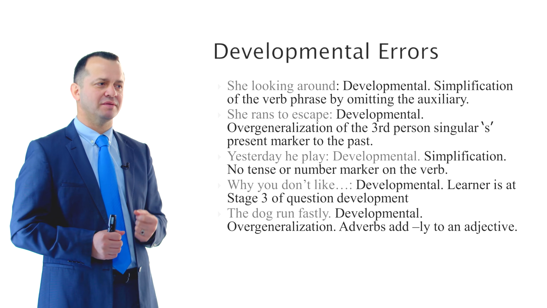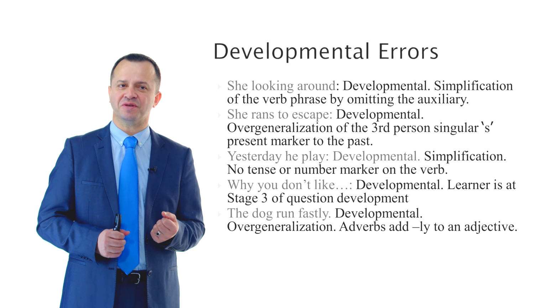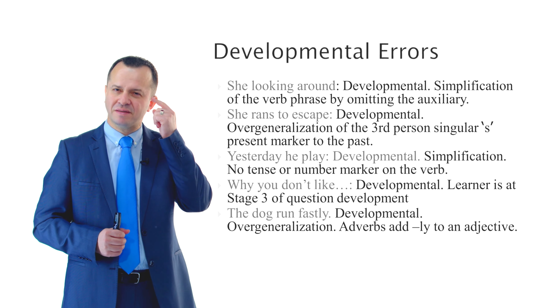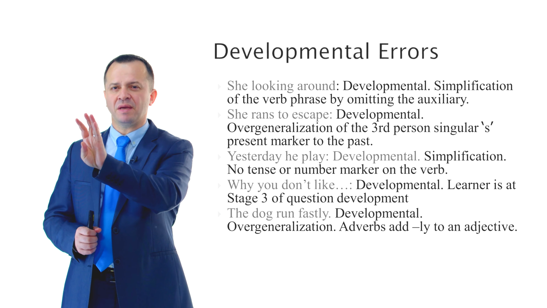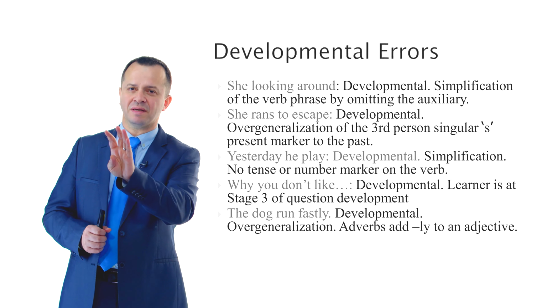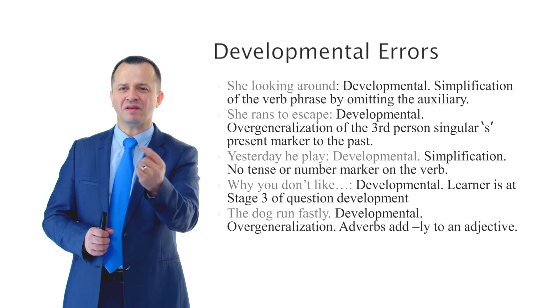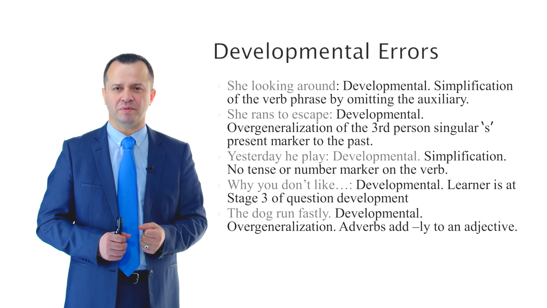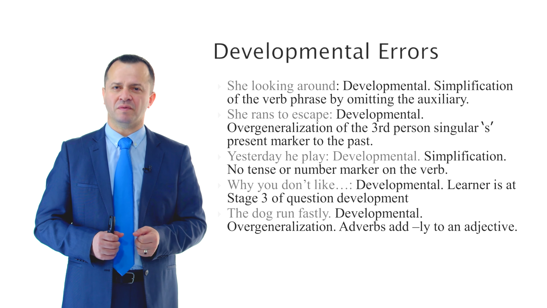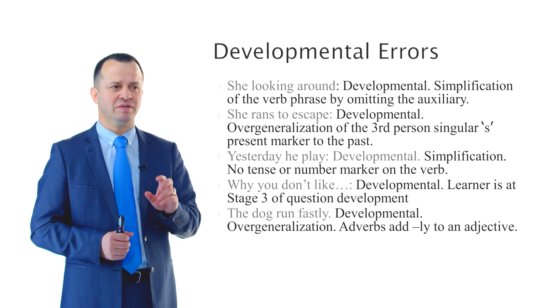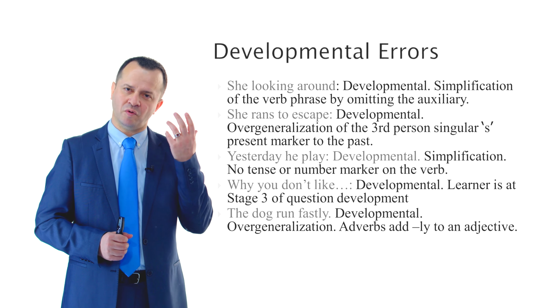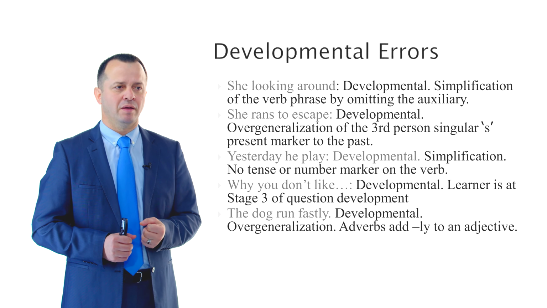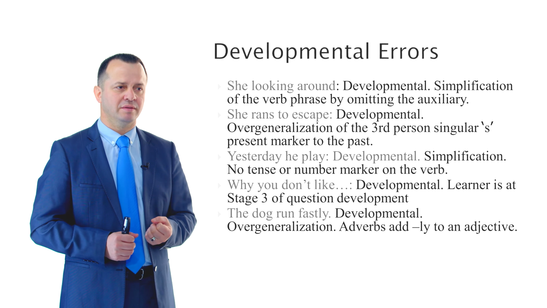Yesterday he played. Again, it's a simplification, right? Because the learner thinks that once there is a beginning word, which is yesterday, there is no need to inflect the verb with the past morpheme ed, so no tense or number marker on the verb. That's what the learner thinks. Why you don't like, right?